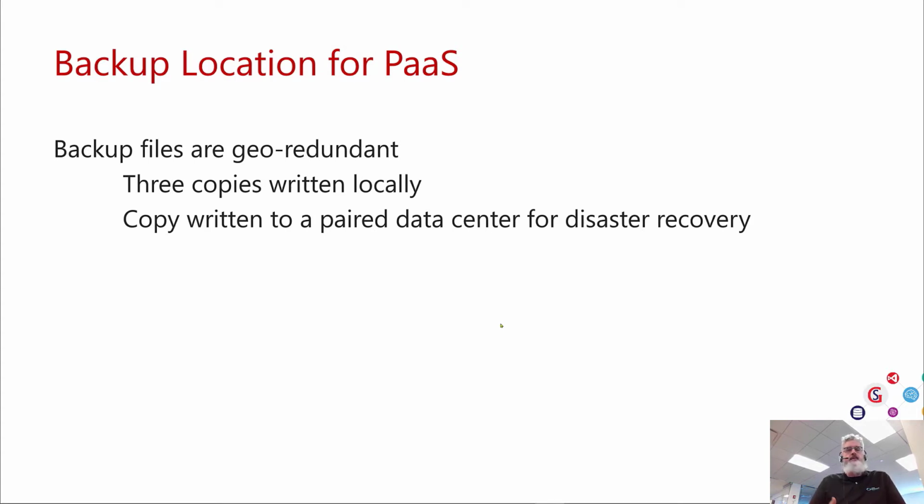So as I said, you don't have control over the location, but the backup files are taken locally, and then they are geo-redundant. What happens is you write the backup locally to a local file, and then that file is copied to 2 other locations within Azure. So you have 3 local copies, and then each Azure data center has a paired data center, and another copy of your backup file will be written to that paired data center.